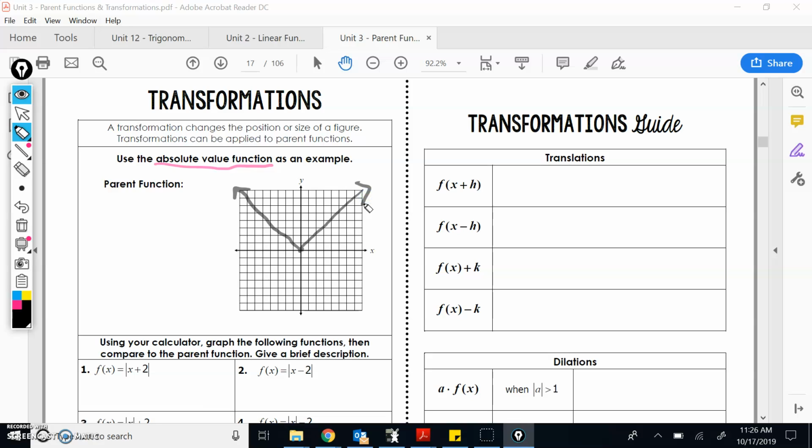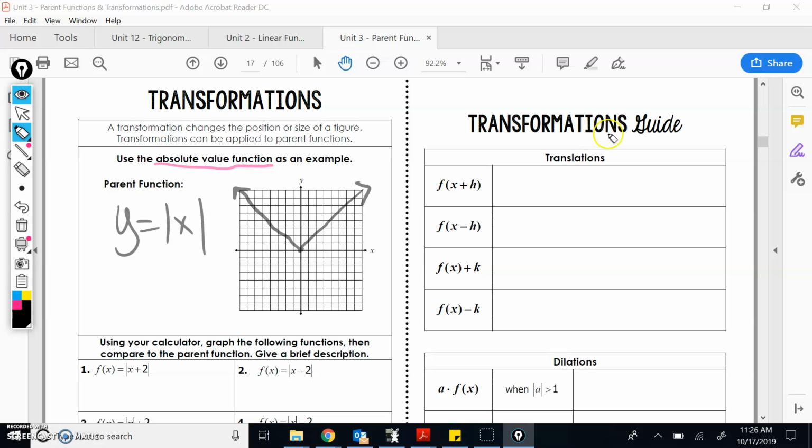That is the absolute value parent function. It looks like y equals absolute value of x. But what we're going to do now is put numbers into different places in this function to see how the graph moves left, right, up, down. It may flip. It may get wider or skinnier. And we're going to see what each of those numbers do.